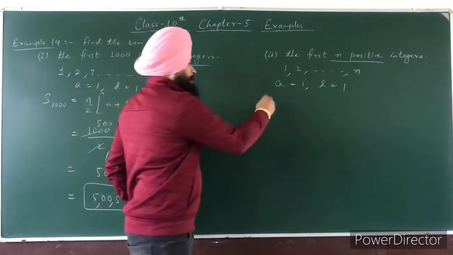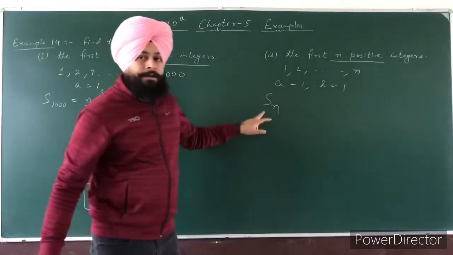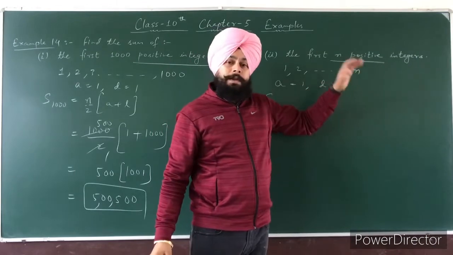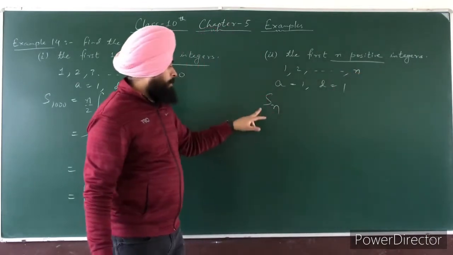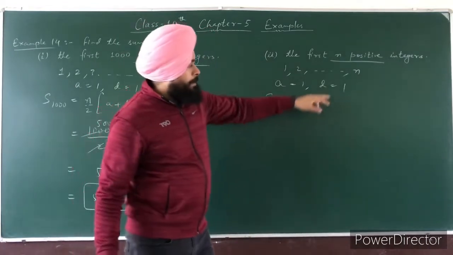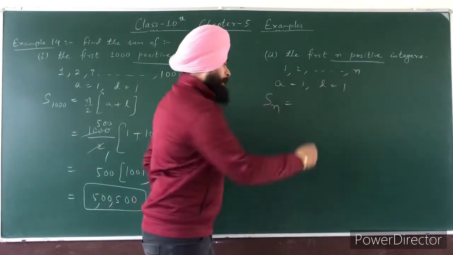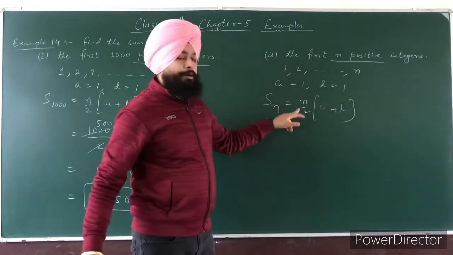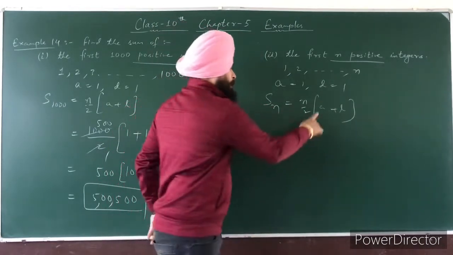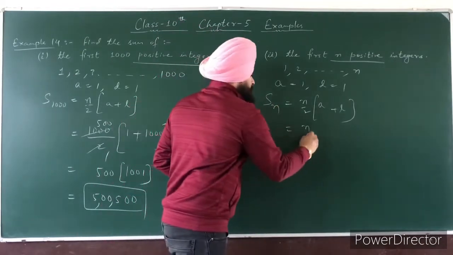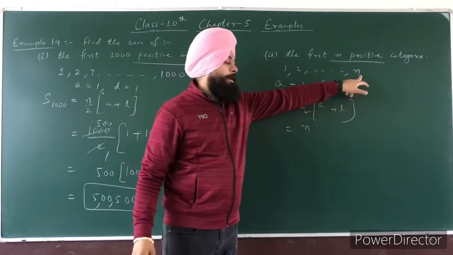Now you will find the sum of the first n positive integers, so the number of terms is n. We know the last term is n. Again we will use the formula n by 2 into a plus l. The value of n is n because there are n terms.